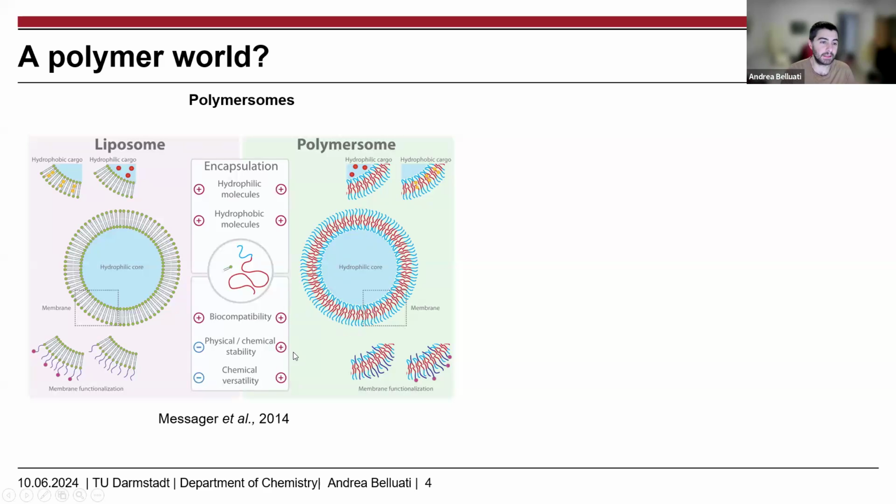Much like liposomes, these polymersomes can encapsulate both hydrophilic and hydrophobic molecules. They have been developed to be biocompatible in case you want to have biomedical applications. But compared to classical liposomes, they tend to offer a higher stability, both physical and chemical, and also they have a nicer versatility when you want to modify the membranes.